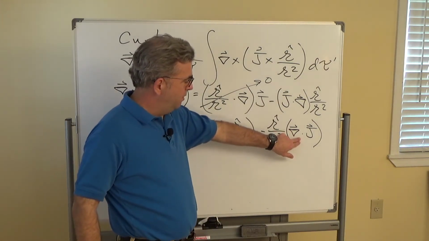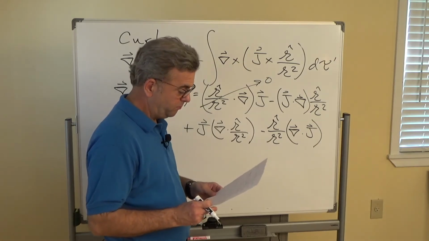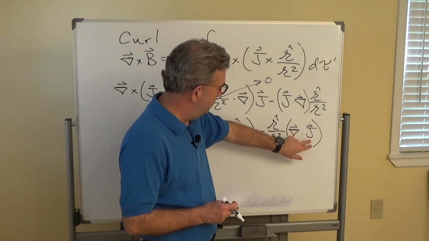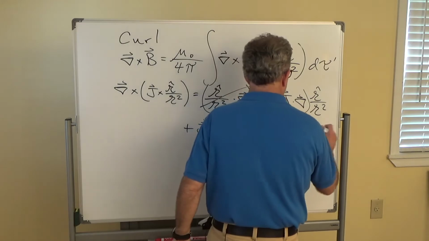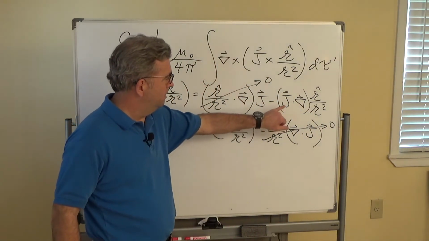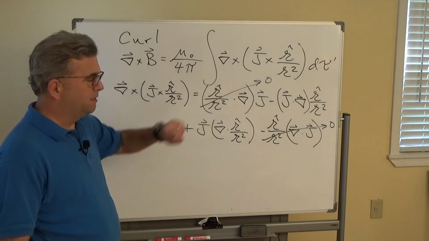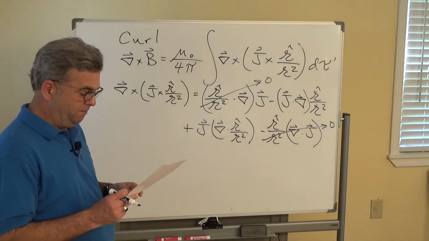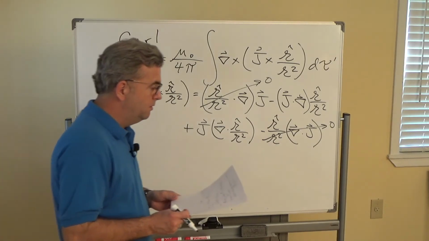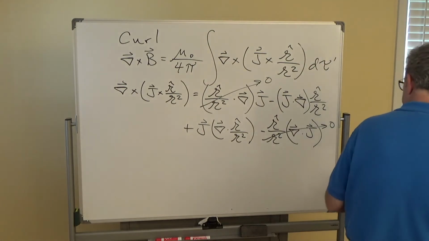Same thing down here, del dot J for this one. This is a field operator, this is a source, this is 0. So the only thing that survives is this term and this term inside the integral. Okay? So I'll replace that.